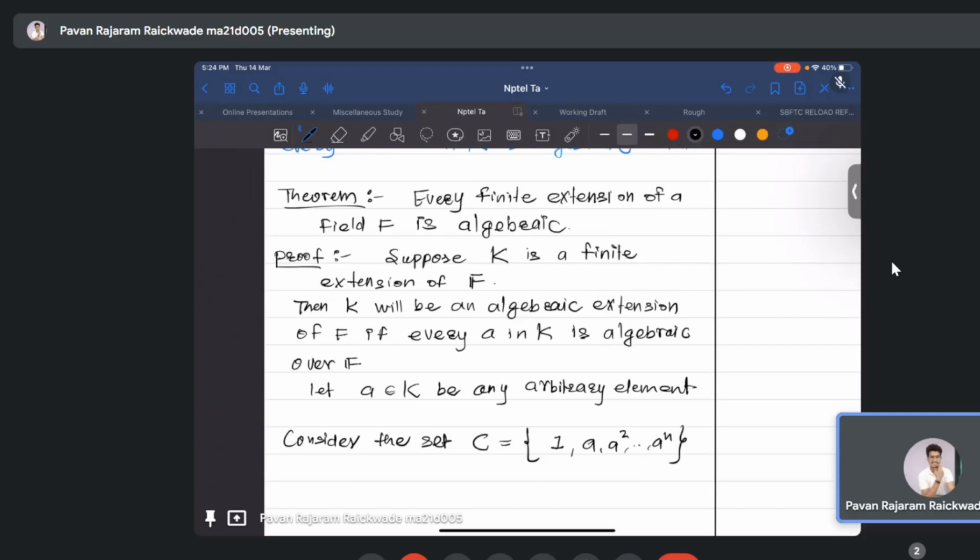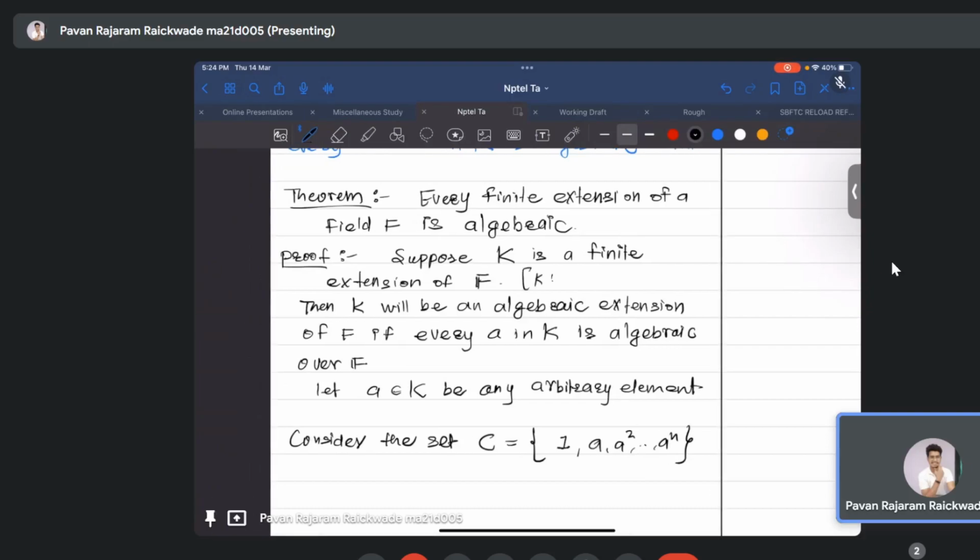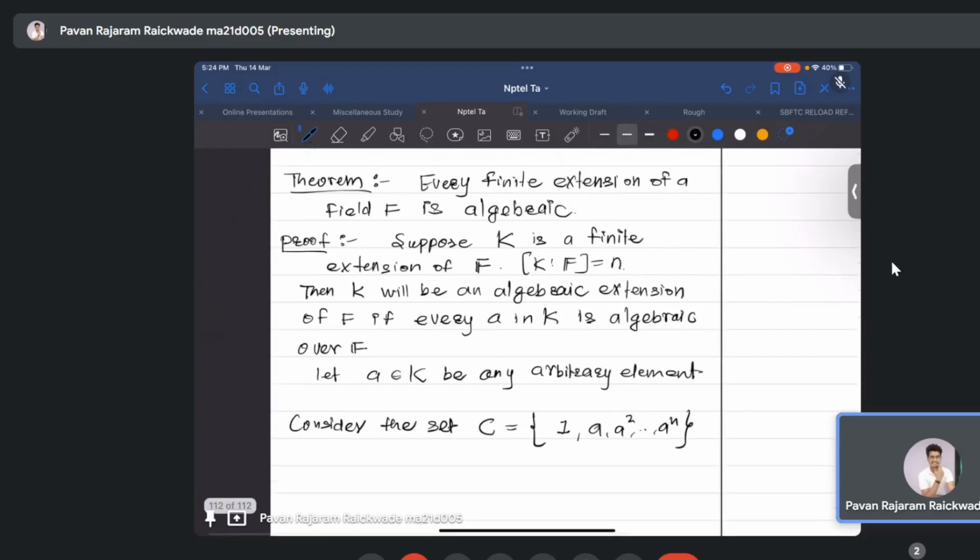Assume also that the dimension of K over F is n, so the extension is a finite extension of degree n. Now how many elements do we have here? We have n plus 1 elements. Then what do we know? In a finite dimensional vector space, any set of cardinality n plus 1 is linearly dependent, where n is the dimension.